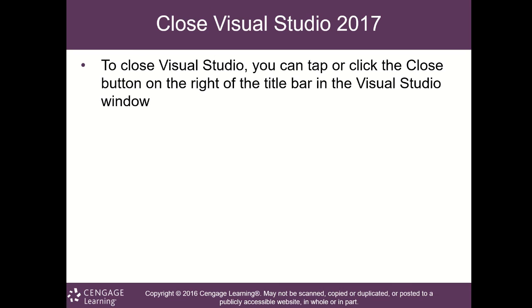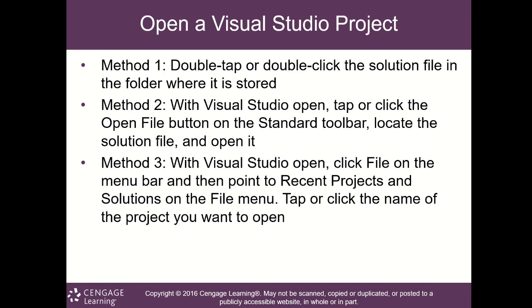Now at that point, you need to close the Visual Studio. So in order to close the Visual Studio, you can tap or click the close button. There are a couple options to open the Visual Studio project. Double click on the solution file.